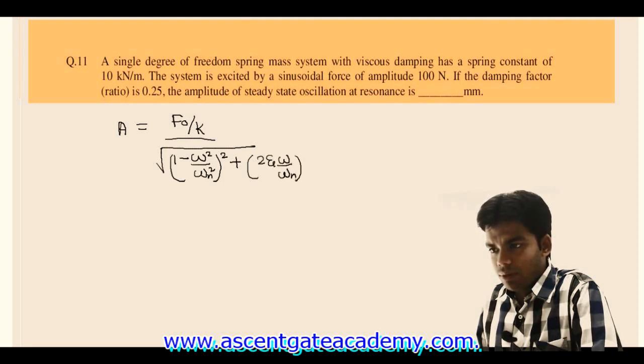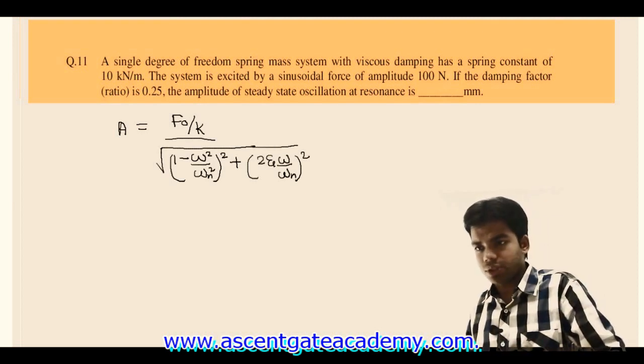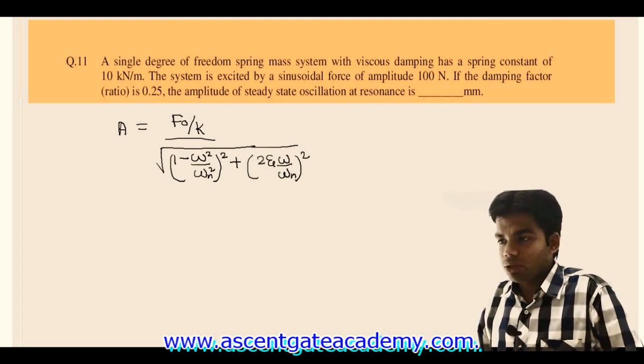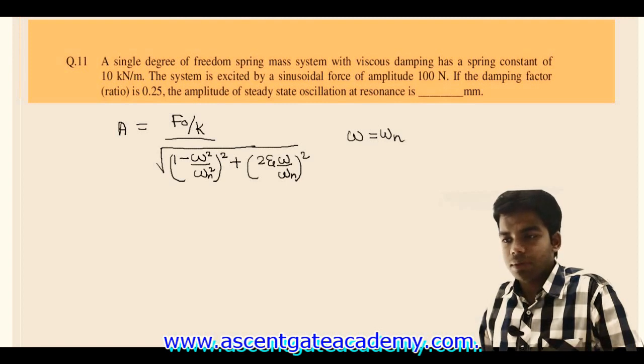Okay, this is the formula for amplitude for forced damped vibration. Now, for resonance condition, omega is equal to omega n, so omega by omega n will be equal to 1. Therefore, the amplitude will be equal to F naught upon 2 k zeta.